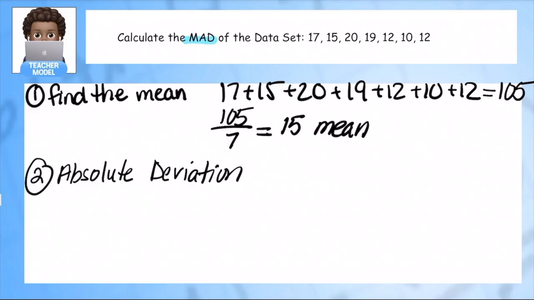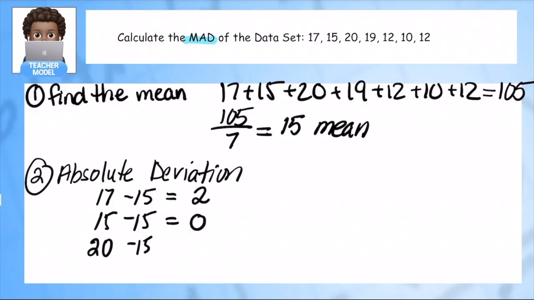Now I'm going to find the distance from the mean. So I'm going to take the first set of numbers, and I'm going to subtract 15 from them. And remember, this has to be an absolute value, meaning I have to get a positive number. So here I'm going to get just a positive 5, 20 minus 15.